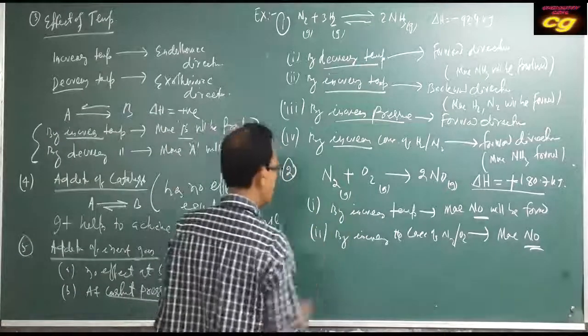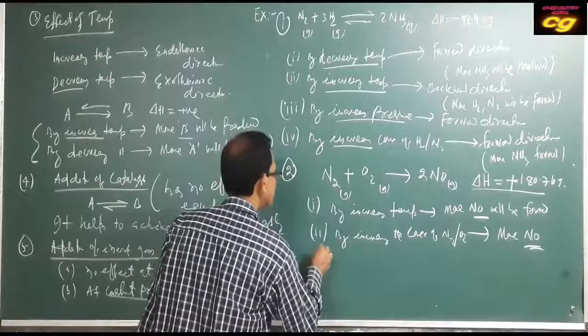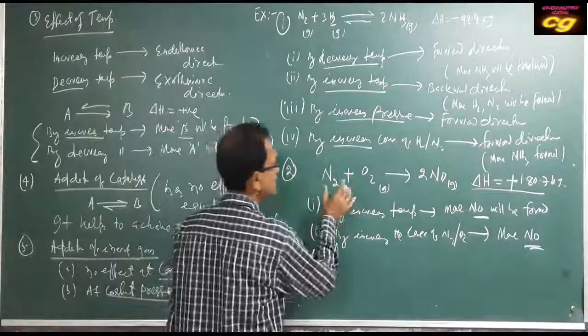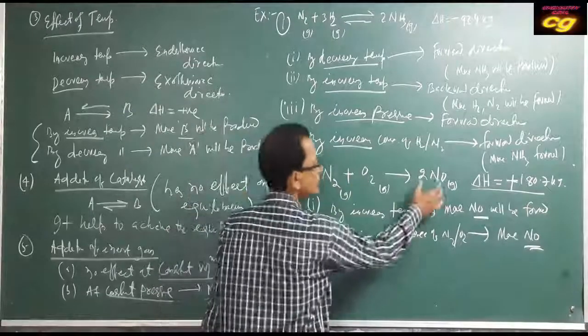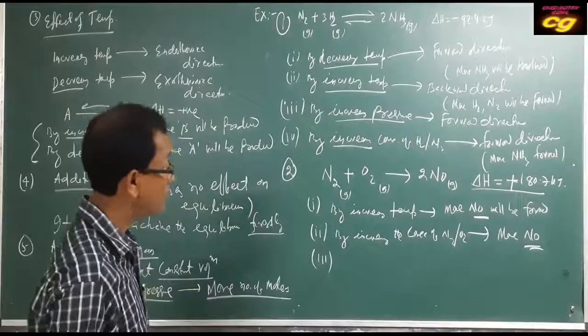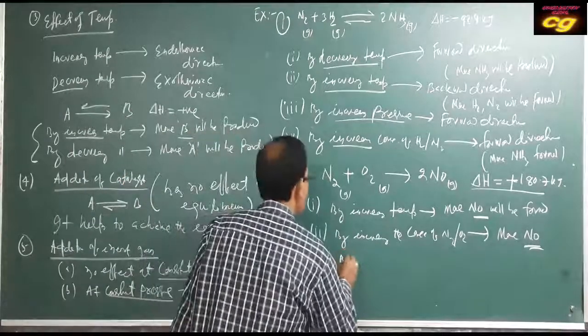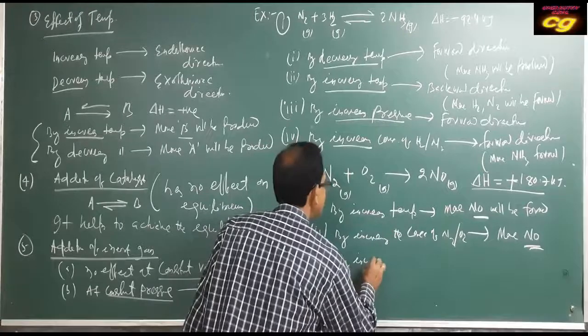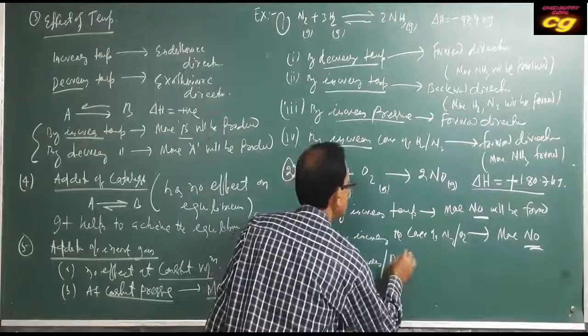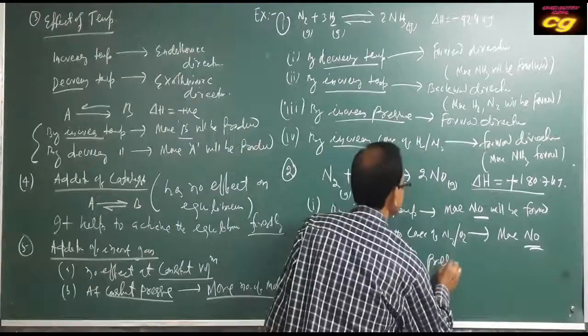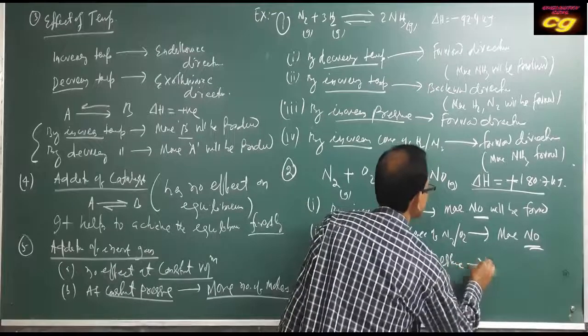Then the third point: just see the number of moles. This side is 2 and this side is also 2. So by increasing or decreasing pressure, what happens?